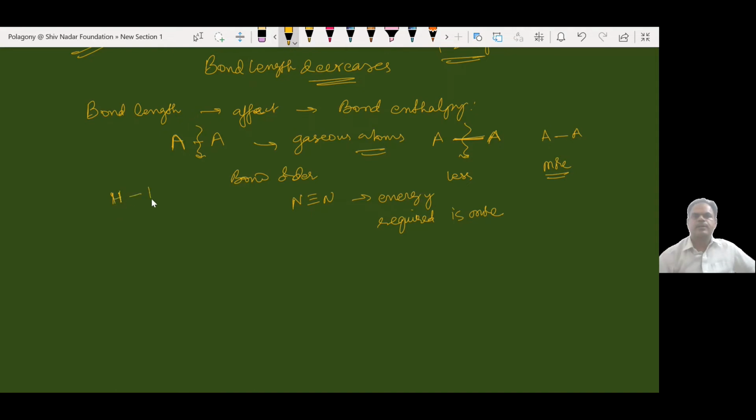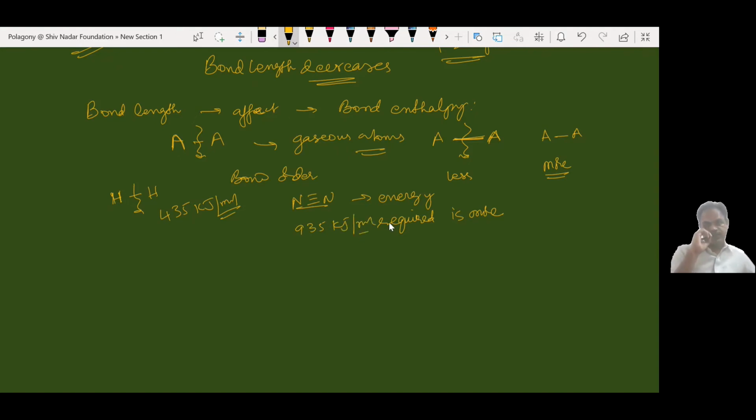For hydrogen, to break the bond, the energy required is 435 kilojoules per mole, whereas for nitrogen, bond breakdown is 935 kilojoules per mole.